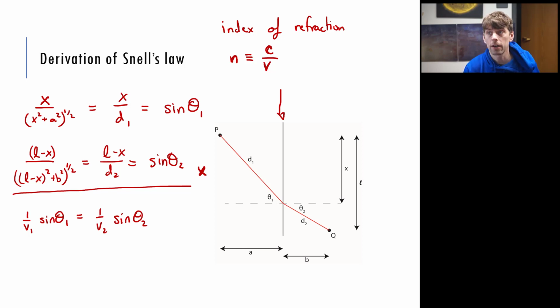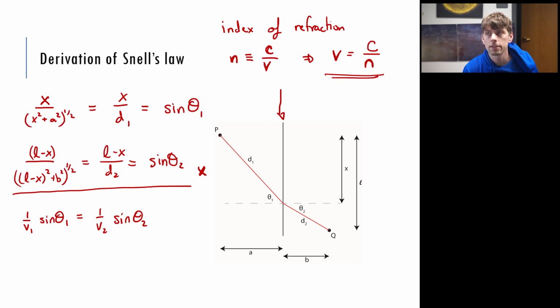You can see that if I rearrange for the speed, what this means is that the speed in any given material is given as the speed in vacuum divided by the index of refraction. Now, of course, you could say, well, Greg, can't I just use the permittivity and permeability? Yeah, you could also do that. Theoretically, these two expressions could be used to figure out what the index of refraction is for a given material. So, yes, you could do it that way.